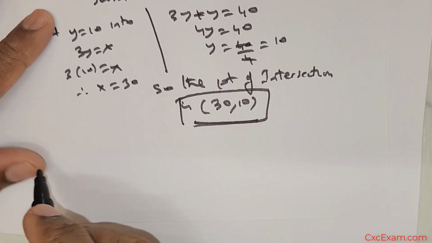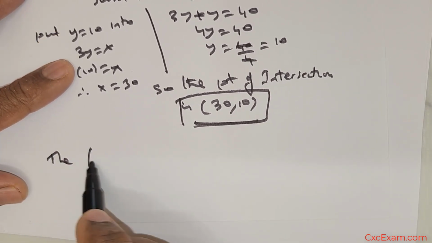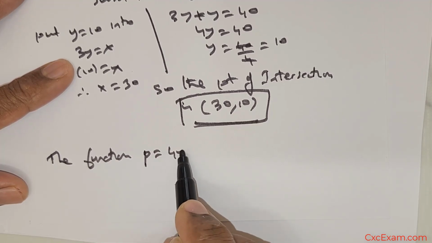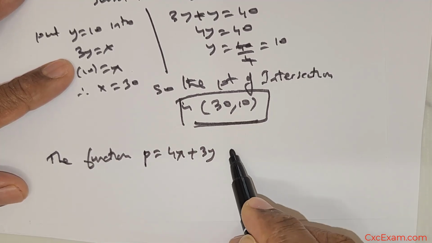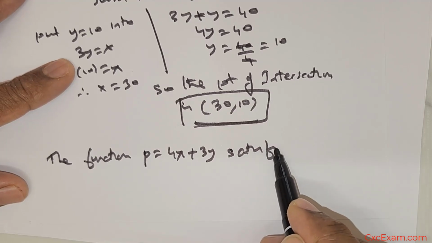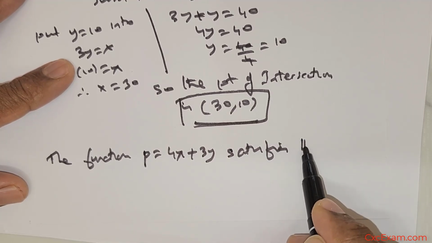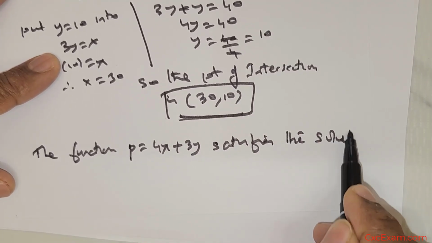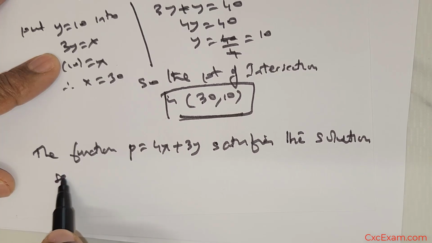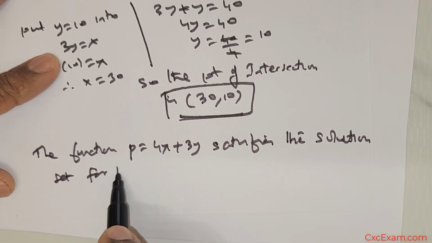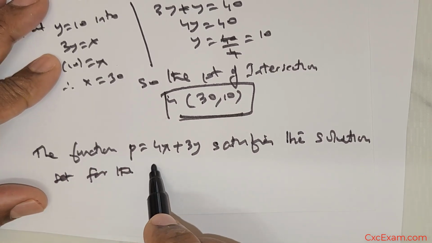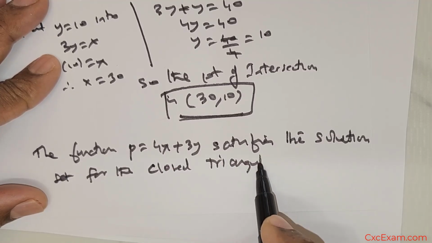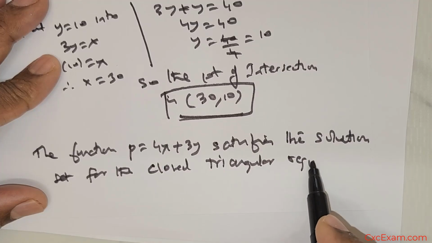Now you have the final part. Now it says the function p = 4x + 3y satisfies the solution set for the closed triangle or triangular region.